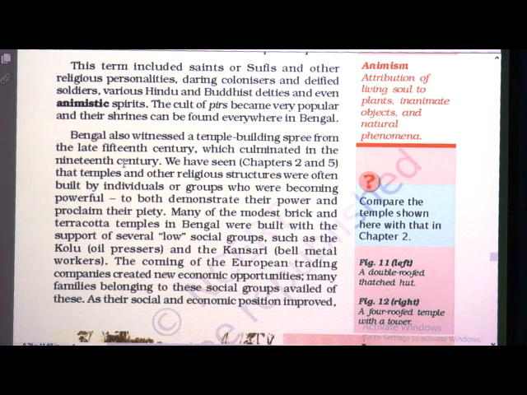We have seen in chapters 2 and 5 that temples were often built by individuals or groups who were becoming powerful, both to demonstrate their power and to proclaim their piety. Many modest brick and terracotta temples were built with the support of low social groups such as oil pressers and bell metal workers.